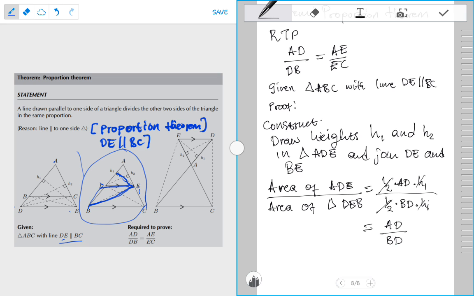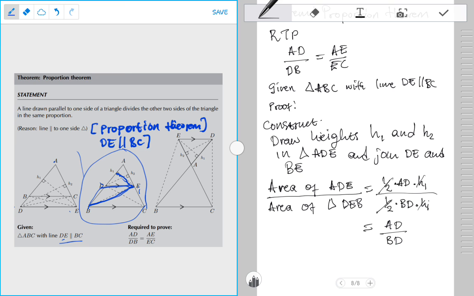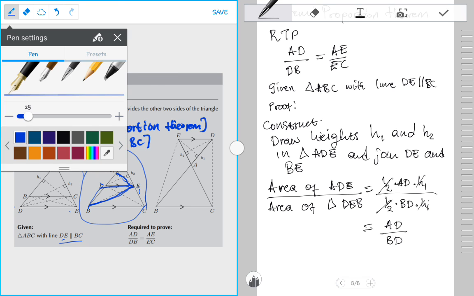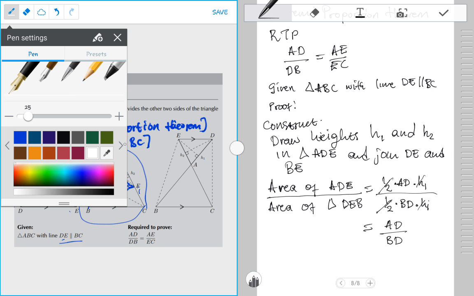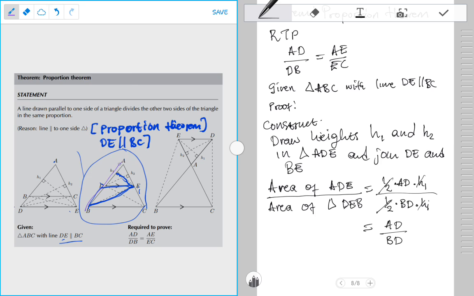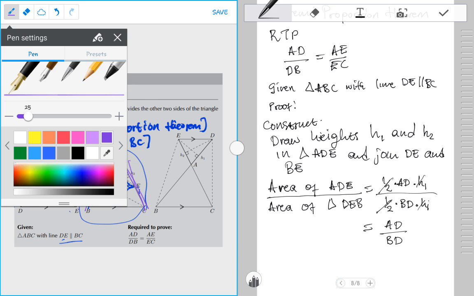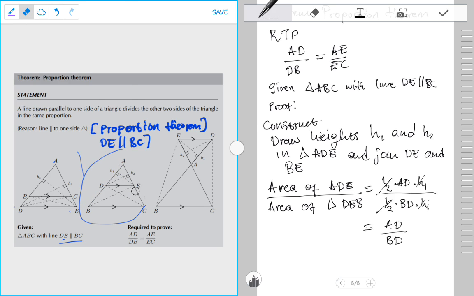Now let's focus on the other end, because we were focusing only on one side. So now let's focus on this other side, on line AEC.